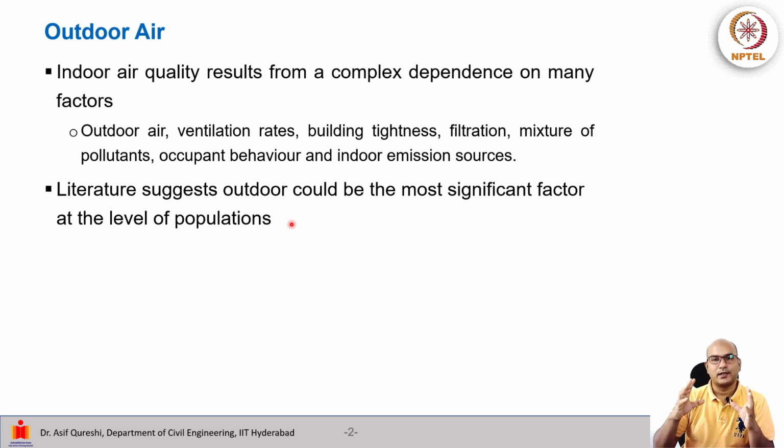We'll look at population level information, maybe not for individual houses or individual rooms, but when we are looking at all the population and all the possible building environments and how important outdoor is for indoor air quality as a whole, transport of outdoor air to indoor seems to be an important factor influencing the indoor air quality. So overall outdoor air has an important role to play in the indoor air levels.